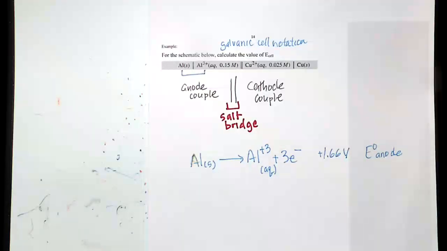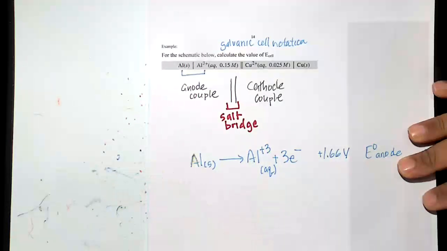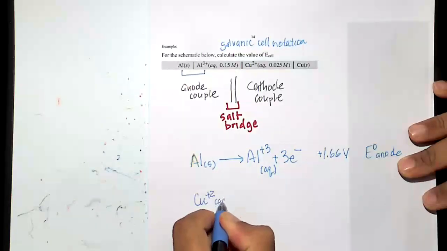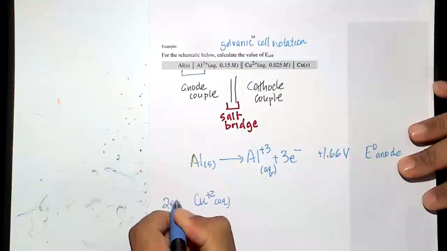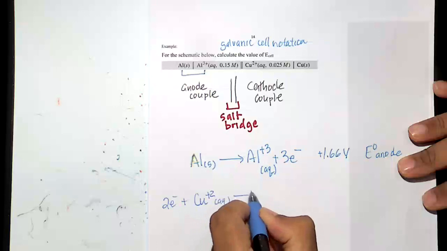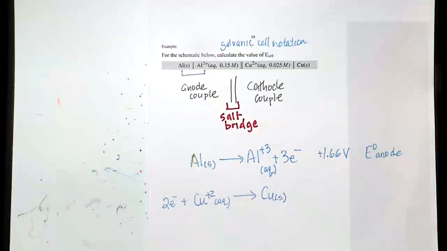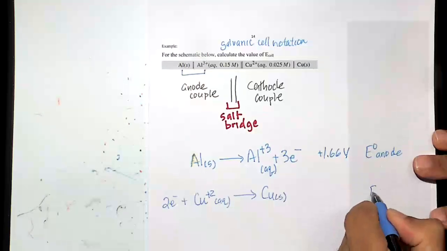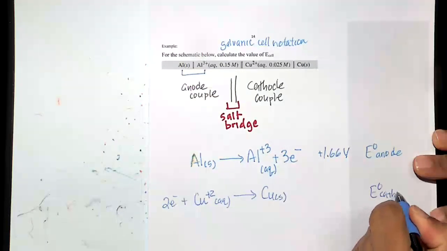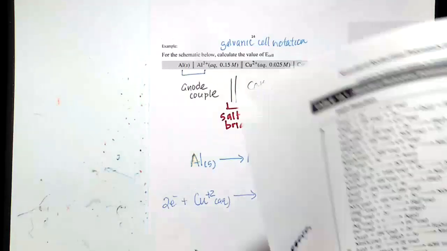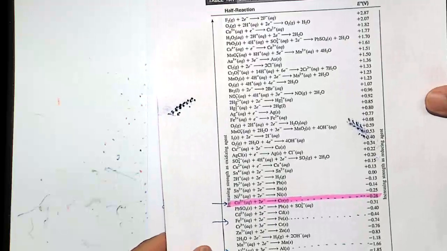And then let's do the cathode couple here. We have copper plus 2 goes to copper solid. And this is obviously going to be the cathode.